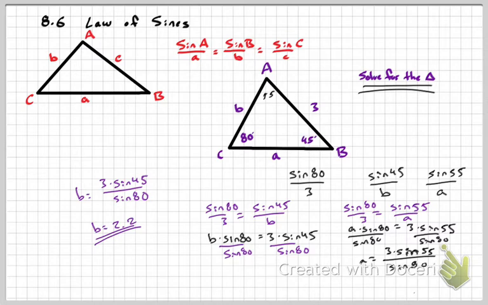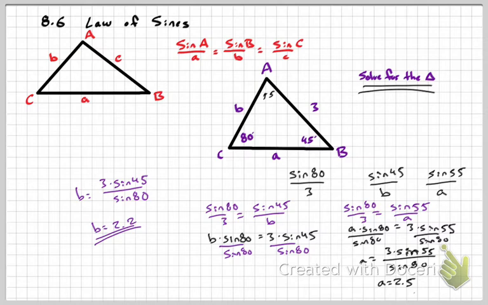And you do the same process. 3 times sine 55, you get 2.4574, divided by, so now I should say ANS division symbol, sine 80. And we get 2.5. So A equals 2.5.